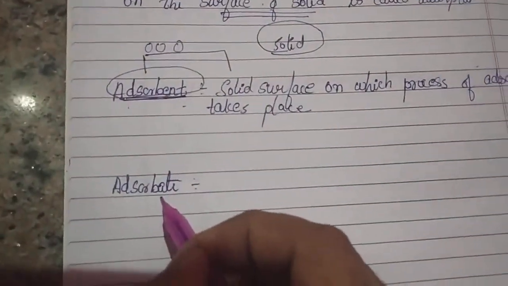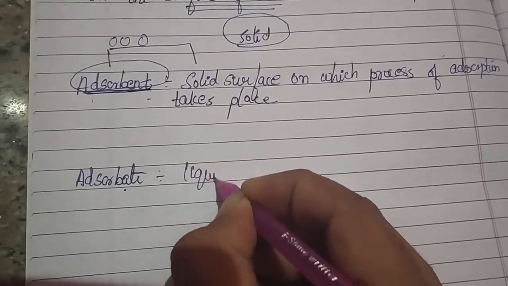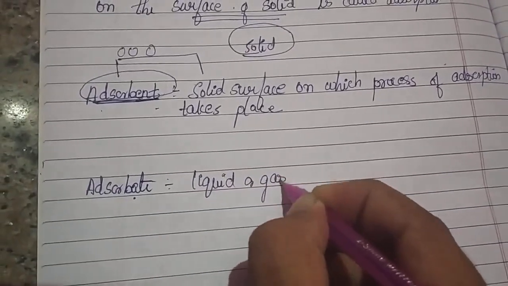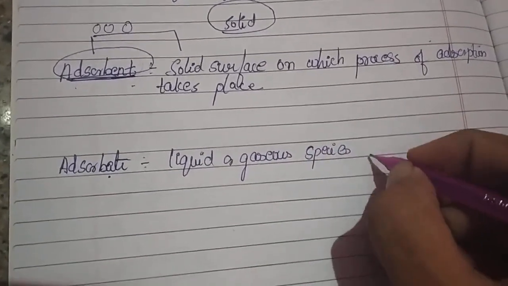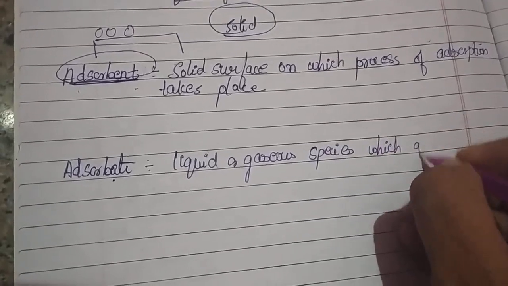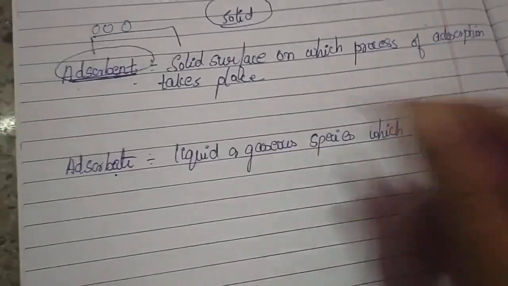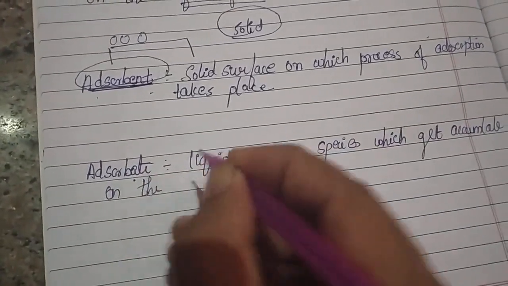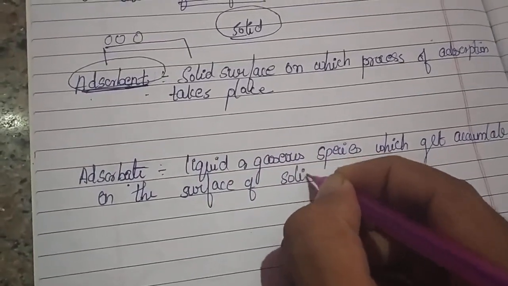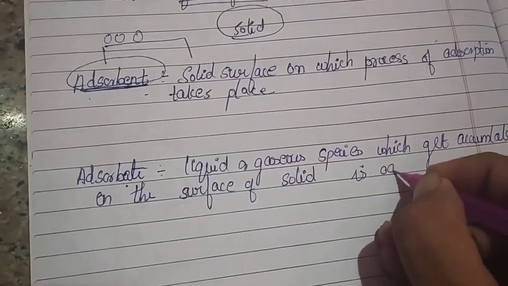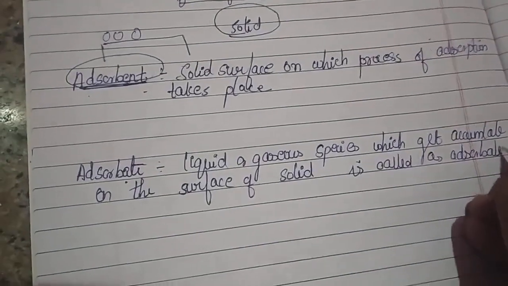Then adsorbate, can you please help me? Yes. It is the liquid or gaseous species which accumulates on the surface of the solid, is called as adsorbate.